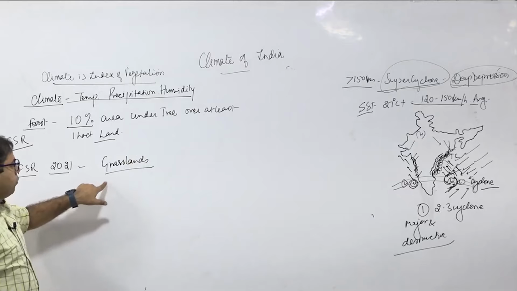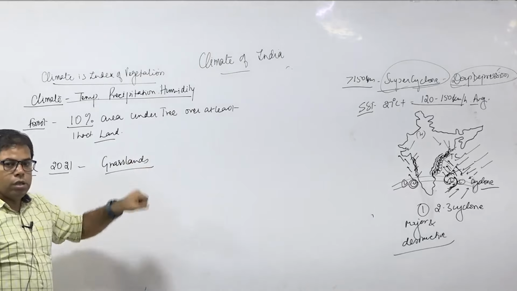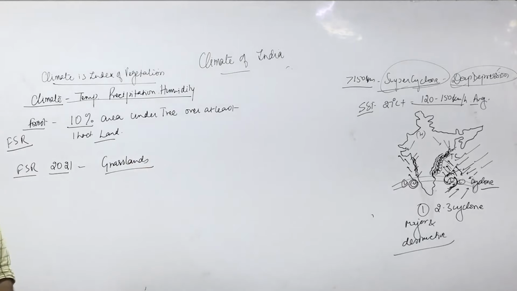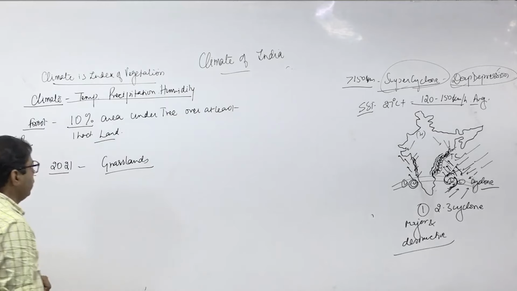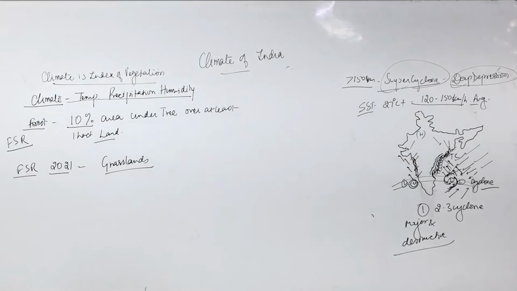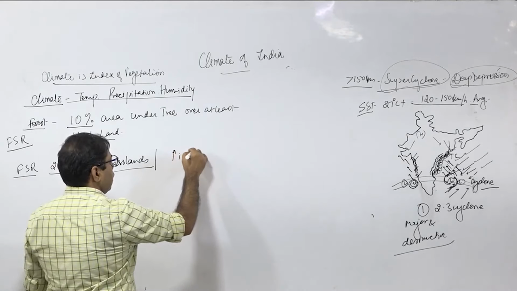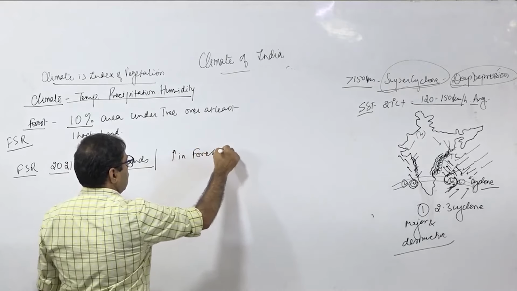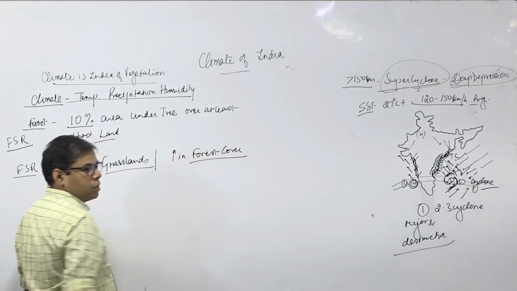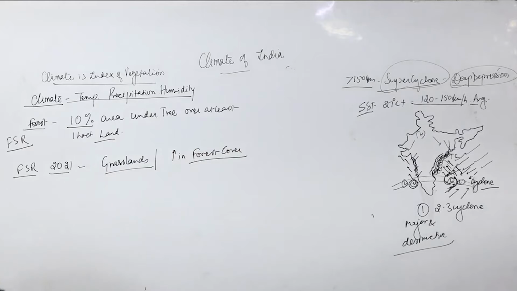Now, grasslands have also been taken as a separate vegetation cover over India, right. So, because of this there is a rise in forest cover.